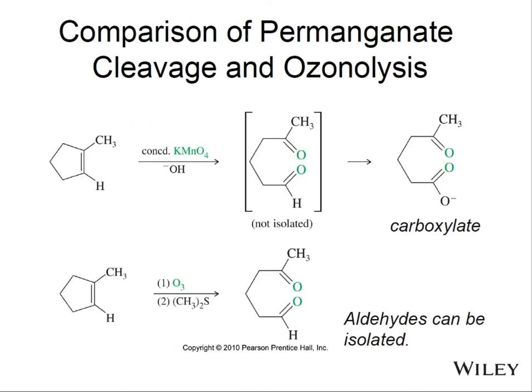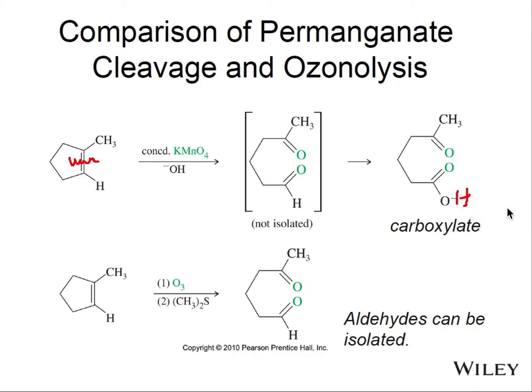And right here, I have the comparison of using potassium permanganate and using ozone. So by using potassium permanganate, you see this double bond right here is going to be cleaved. And remember, we are going to end up with a carbonyl here and a carbonyl here. And what you expect from an ozonolysis and the reductive conditions is that you have the aldehyde right here. But in potassium permanganate, that doesn't happen. What happens is that it goes all the way to the carboxylic acid right here.